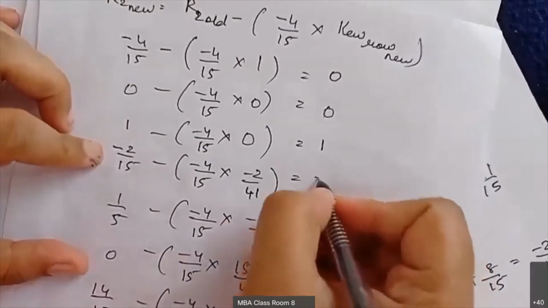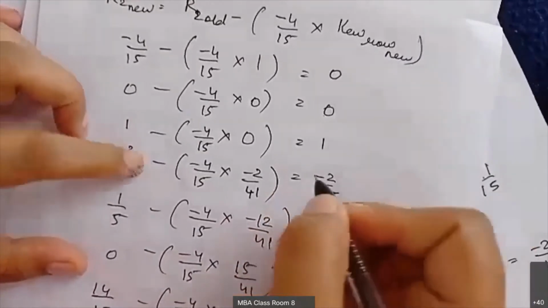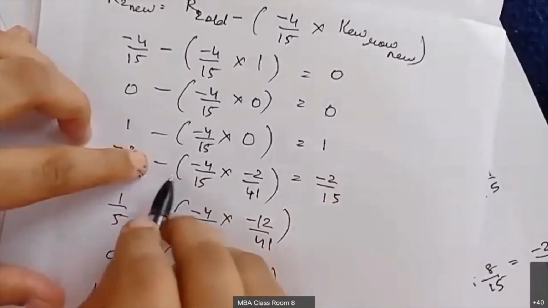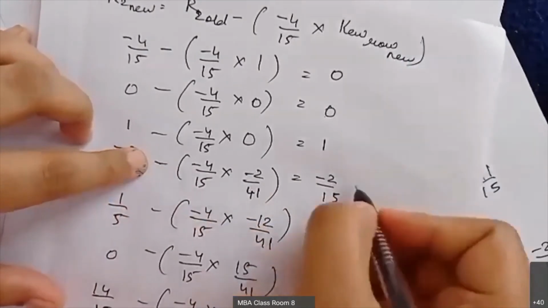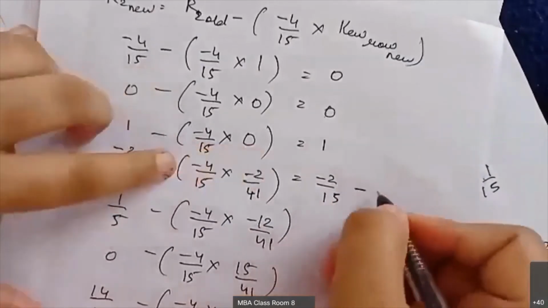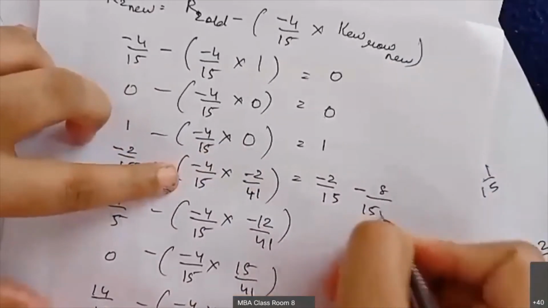Minus 2 by 15. Here you have how many minus? 1, 2 and 3. Minus into minus into minus is again a minus. 4 into 2, 8 divided by 15 into 41. Just do it in the calculator.